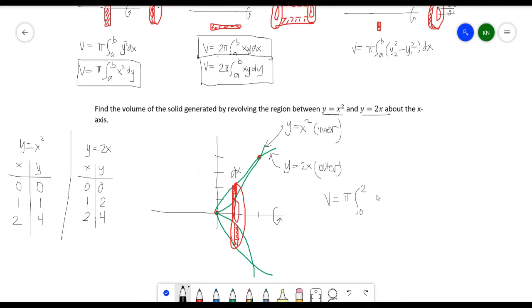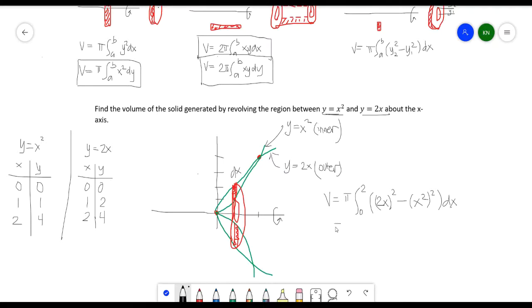And then, as we know, what is our upper or outer equation? That is equivalent to 2x. So we have 2x squared minus our inner, which is x squared, and then we have the dx.